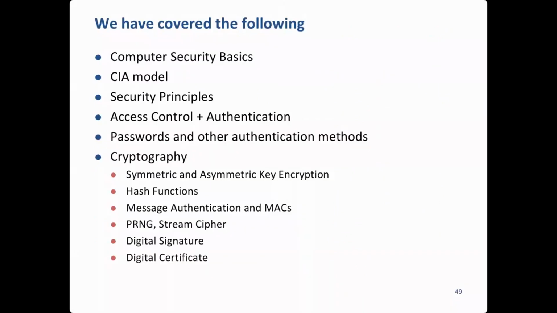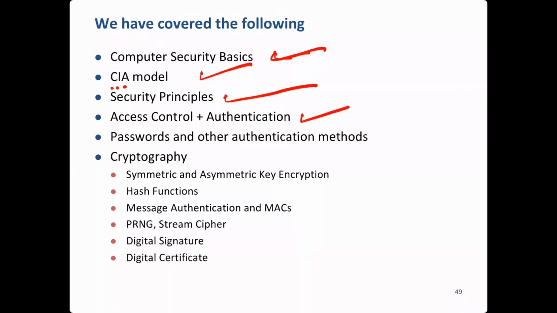So all these things that we have already covered: we started with the security basics, we studied the CIA model, confidentiality, integrity, authentication, and availability. After studying basics, we studied security principles. Then we studied access control and authentication.